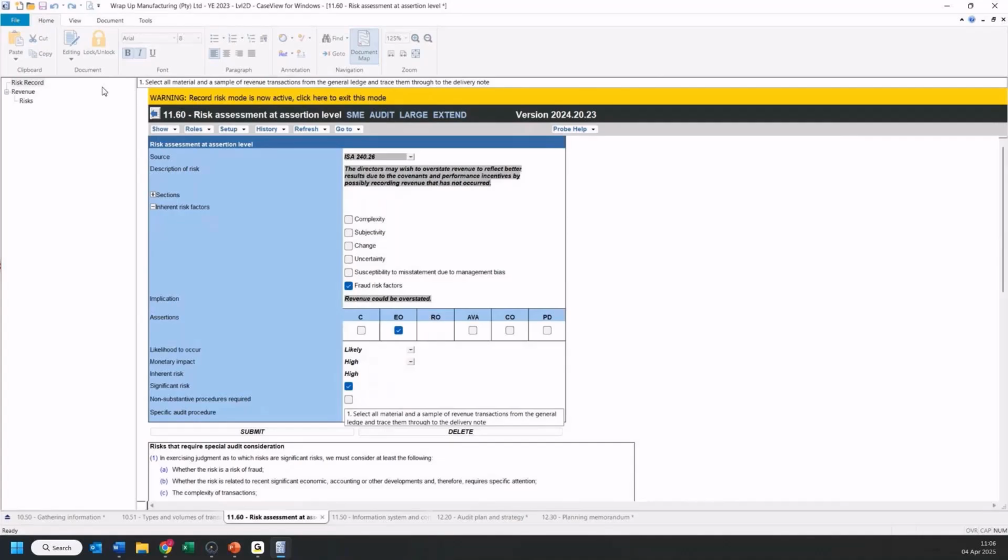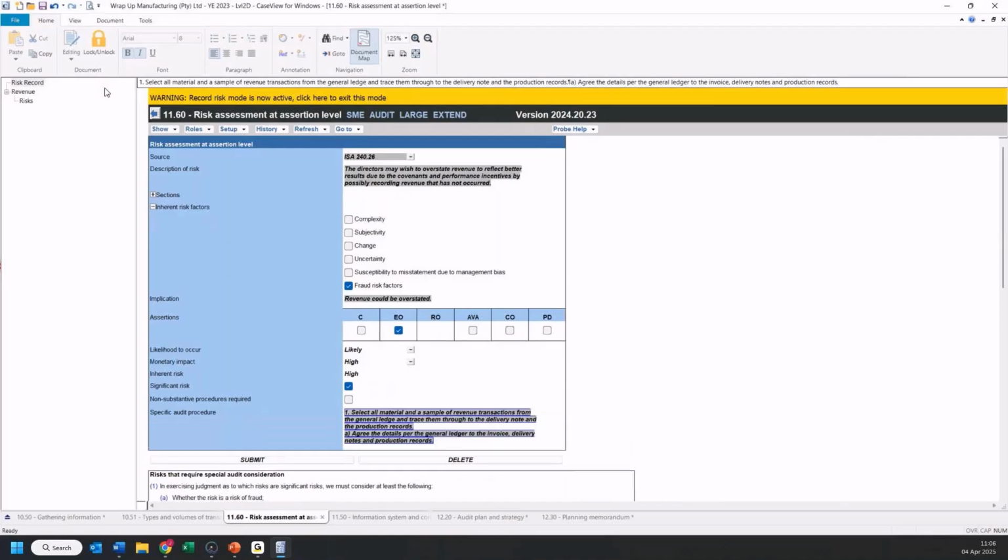That's my source document, and the production records. Then step 2: agree the details per the general ledger to the invoice, delivery note, and production records.